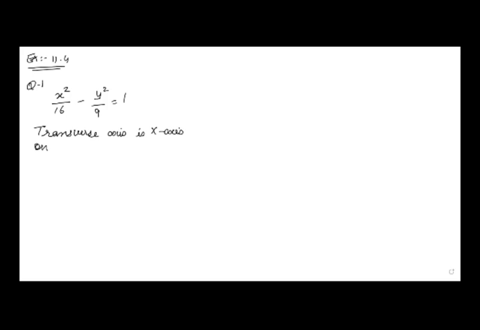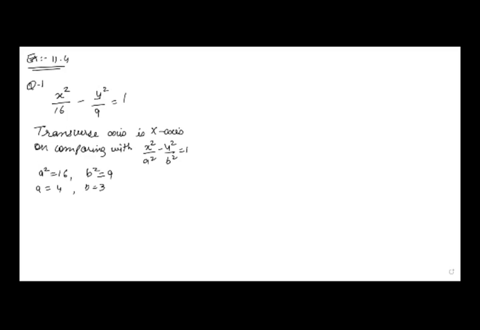So on comparing with x square by a square minus y square by b square is equal to 1, the value of a square is 16, b square is 9, therefore a is 4, b is 3.